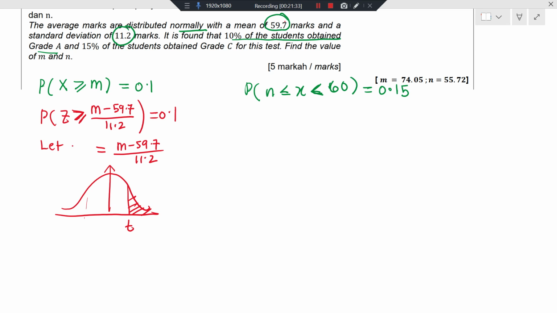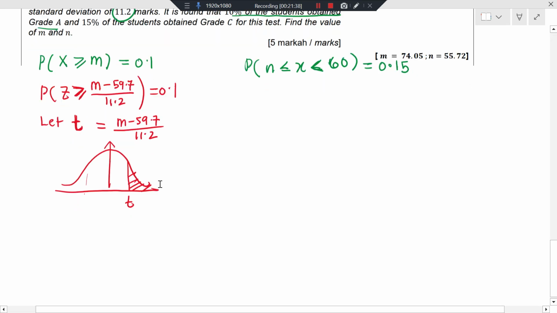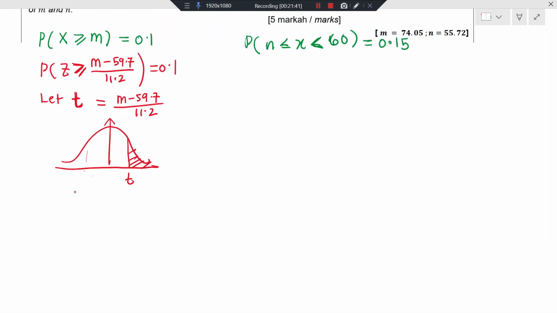Okay, so I put t first. It's okay, there are so many unknowns, but it's going to be cleared up very soon. So probability Z greater than t. Now we build the equation from here. Probability Z greater than t is equal to 0.1. We need to find our z.